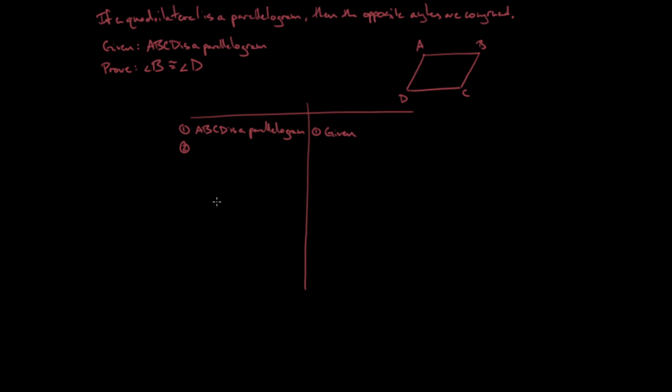So I will say that segment AB is parallel to segment CD, and the reason is the definition of a parallelogram: a quadrilateral is a parallelogram if and only if the opposite sides are parallel.